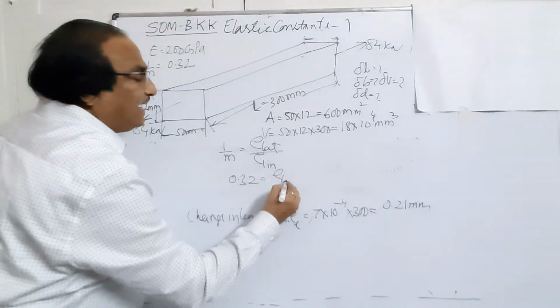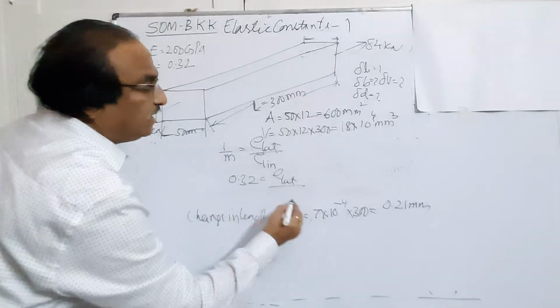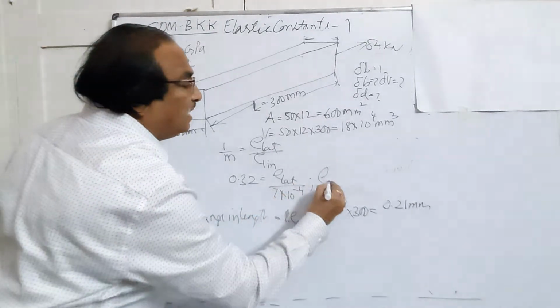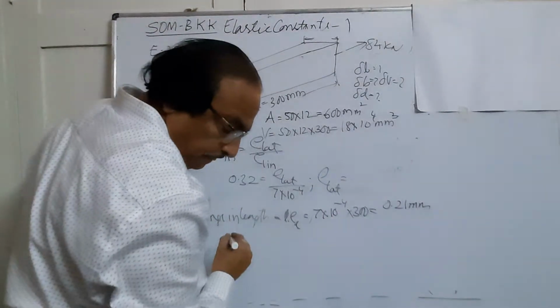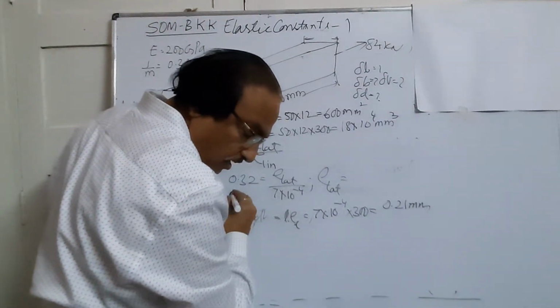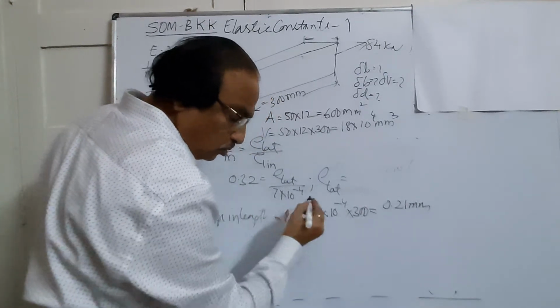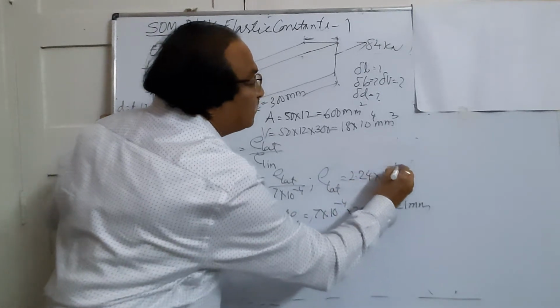I want E lateral divided by, I know E linear. So E linear is 7 into 10 to the power of minus 4. So this will give me lateral strain E lat equal to 2.24 into 10 to the power of minus 4.